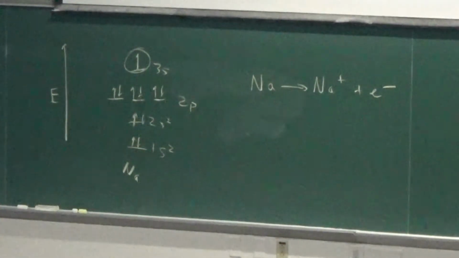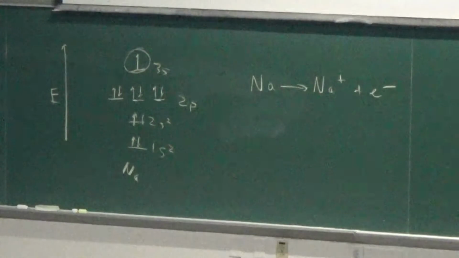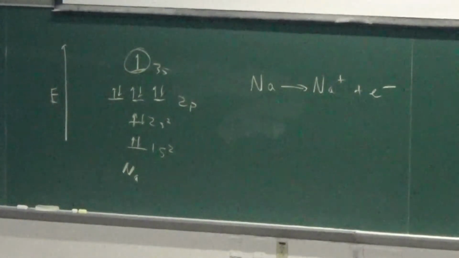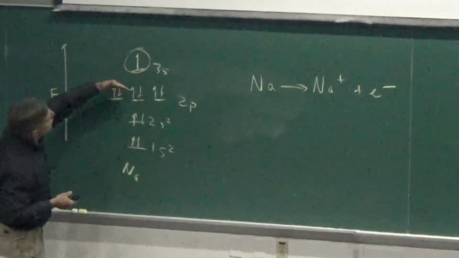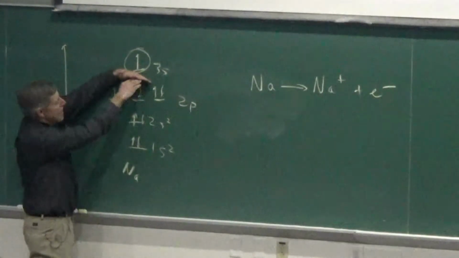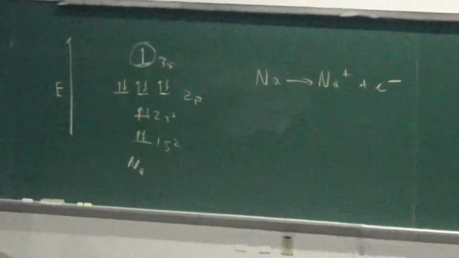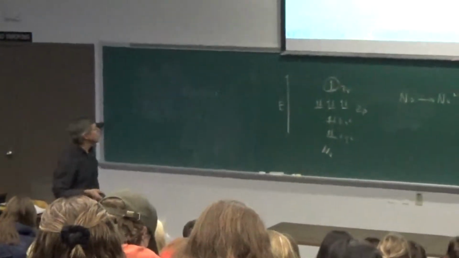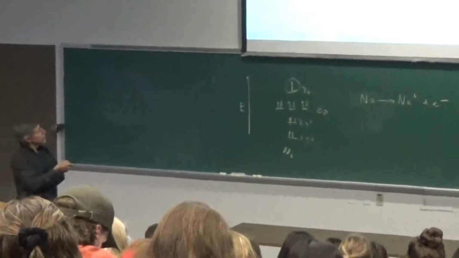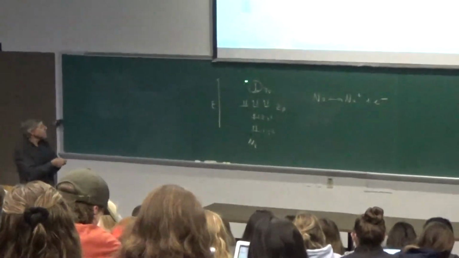Several times we've seen that if we have a half-filled or a completely filled set of orbitals, that has some stability associated with it that you don't get otherwise. So the fact that we can get rid of this guy, and then our valence orbitals are completely filled, is some level of stability that is associated with that particular cation. So we'd expect the sodium ion to relatively easily give up that electron.